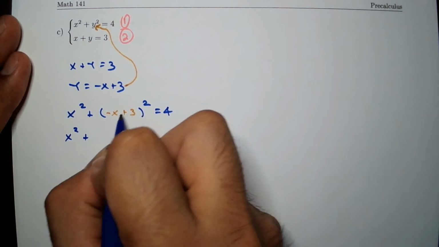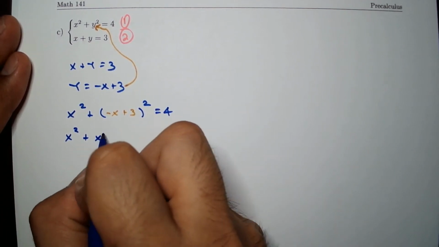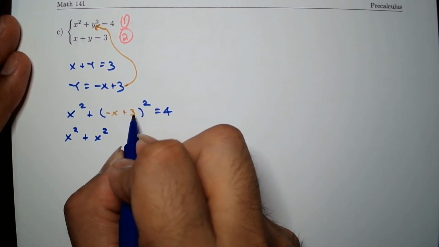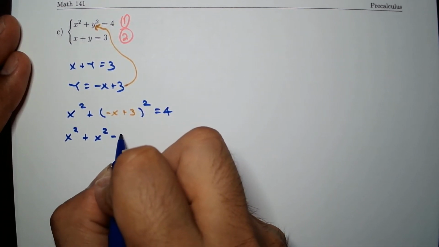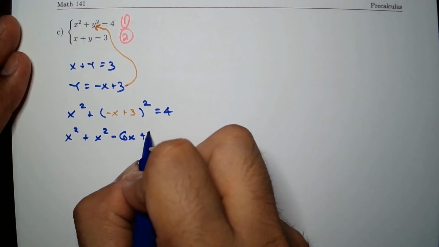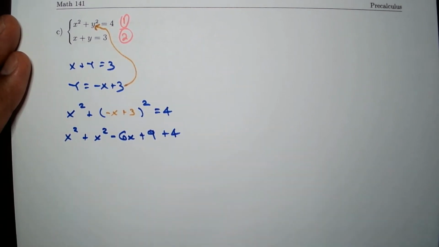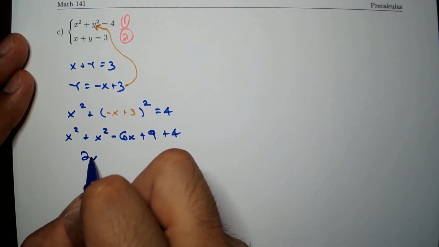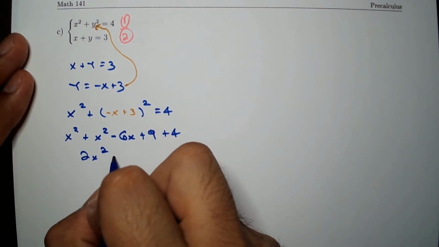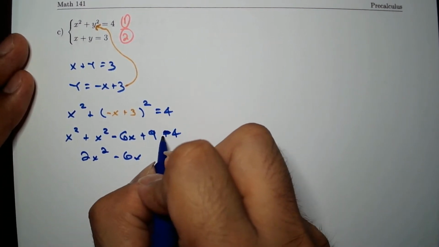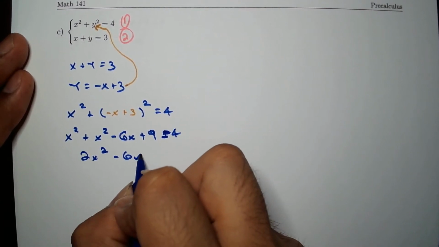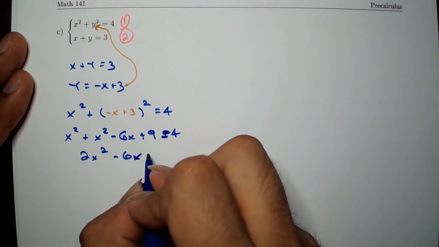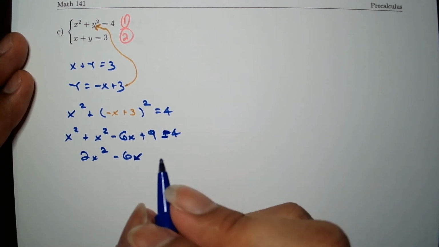X squared plus the square of the first term, that's x squared, twice the first and the second, so that's in this case negative 6x, and 9, equals 4. And then what do we get? Well, 2x squared minus 6x plus 9 equals 4, and then move the 4 to the left hand side of the equation, subtracting. That's going to give us a plus 5.